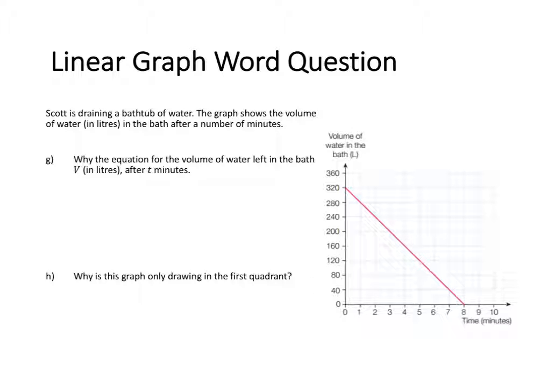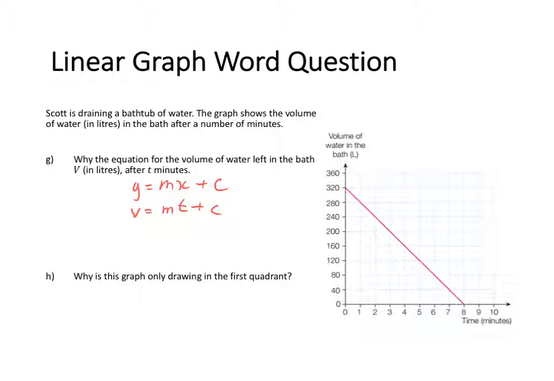The next part asks us to find the equation of the volume of water left in the bathtub after t minutes. I want to start off by writing my general formula for a linear line, which is y equals mx plus c. But this time, instead of using y and x, they've asked us to use v for the volume and t for the minutes. So substituting in those values, it's going to be v equals mt plus c.